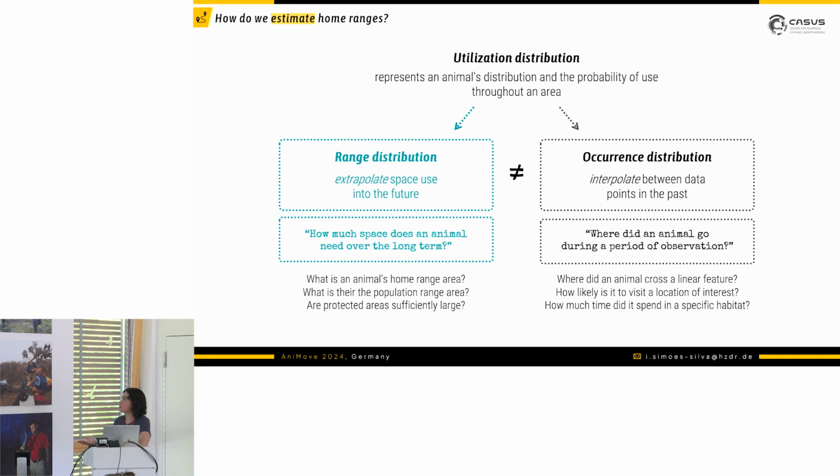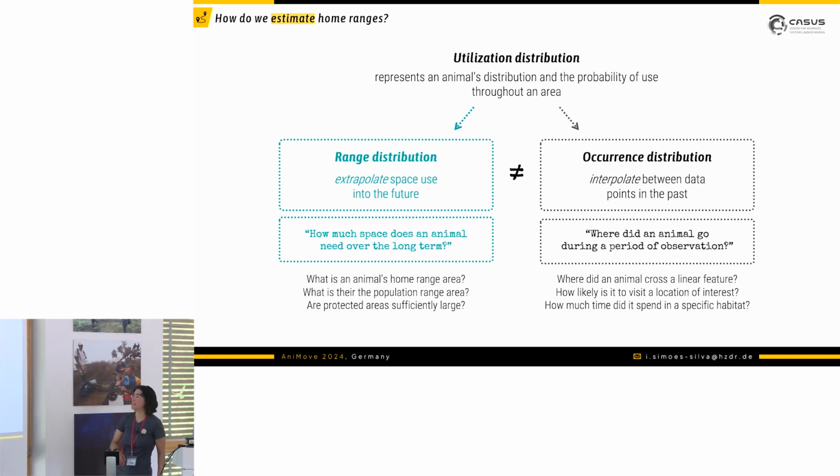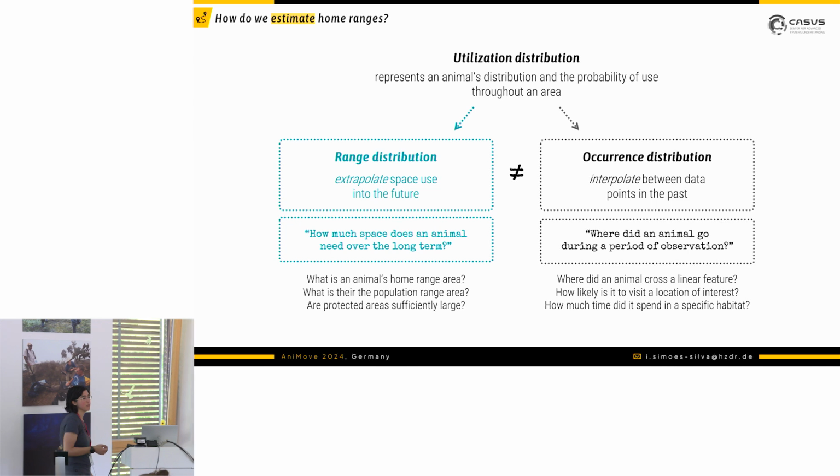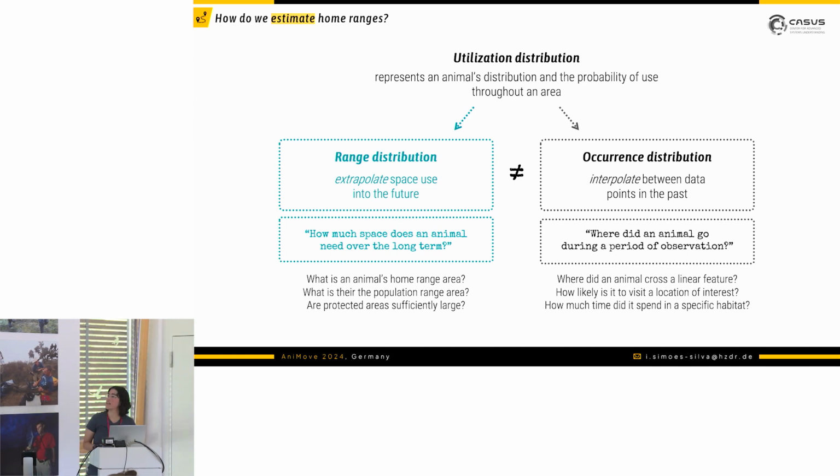If you're looking at occurrence distribution, which we'll go over a little later today, we are asking questions like where did the animal cross a linear feature, like a road or some area of interest, how likely is it to visit a location, because it gives you a value of the probability the animal passed through an area, and how much time did it spend in a specific habitat. These are all questions you can answer with occurrence distribution methods.